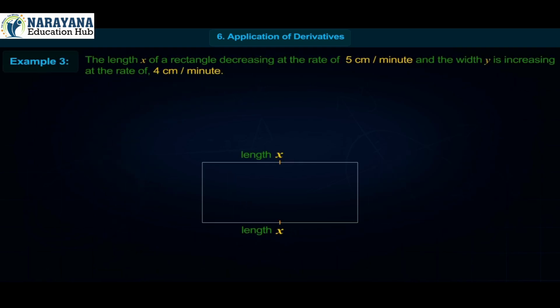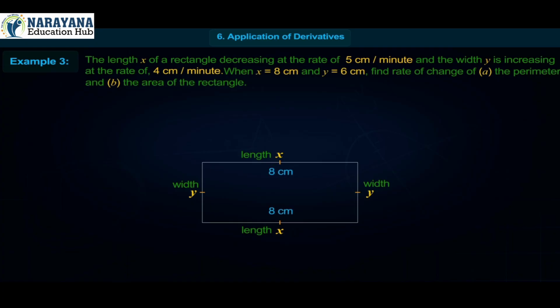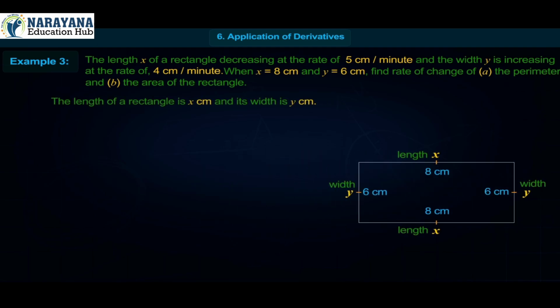Example 3. The length x of a rectangle is decreasing at the rate of 5 centimeter per minute and the width y is increasing at the rate of 4 centimeter per minute. When x is equal to 8 centimeter and y is equal to 6 centimeter, find rate of change of A, the perimeter, and B, the area of the rectangle.